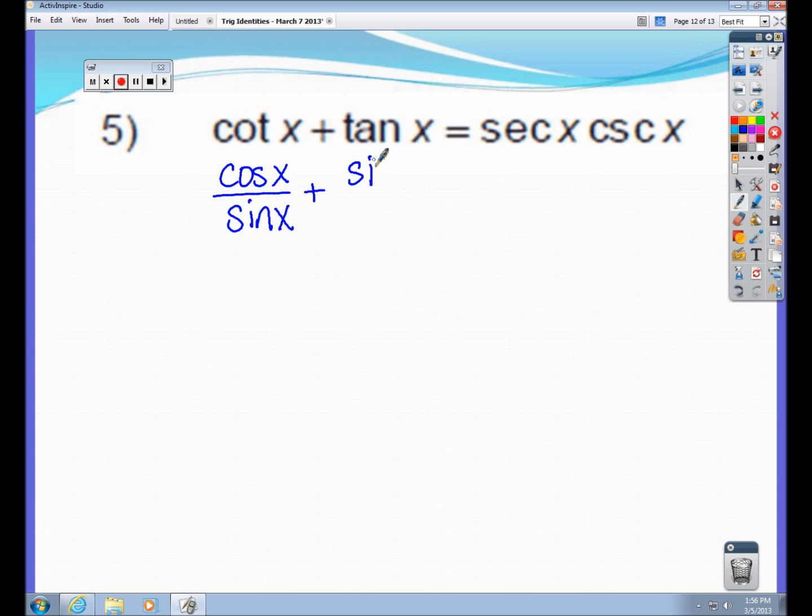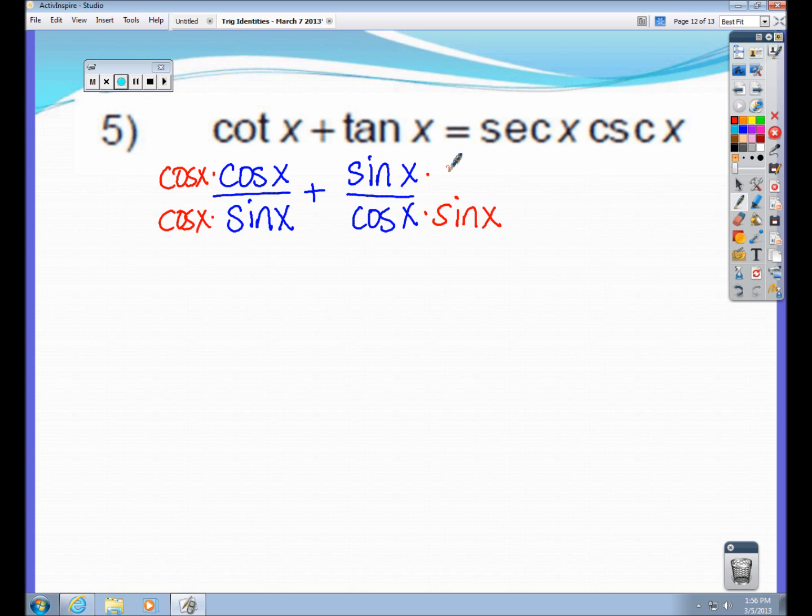Tangent is sine over cosine. Okay, we need a common denominator. So our common denominator this time is going to be sine times cosine. So the first fraction needs a cosine. The second fraction needs a sine.